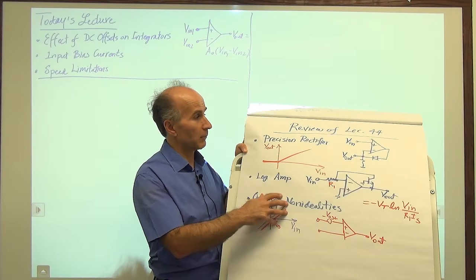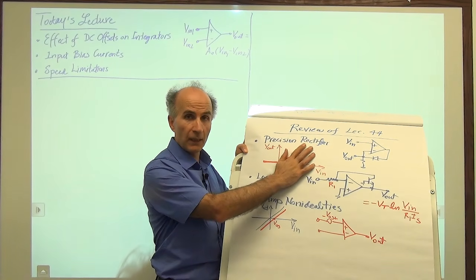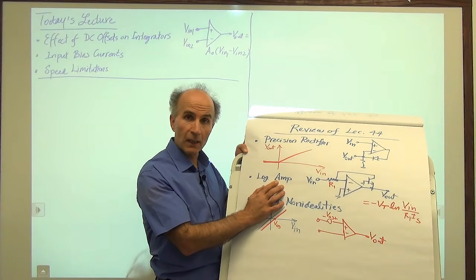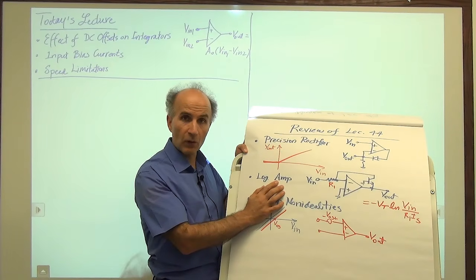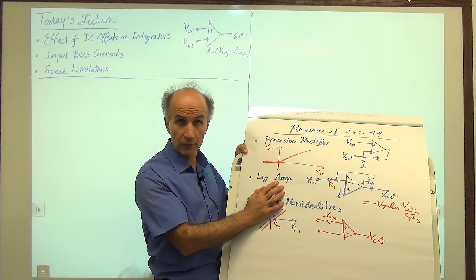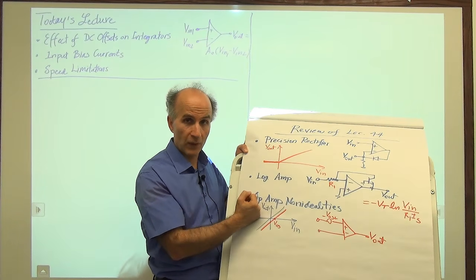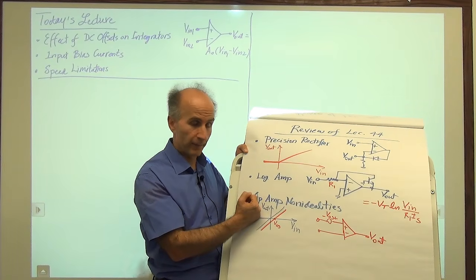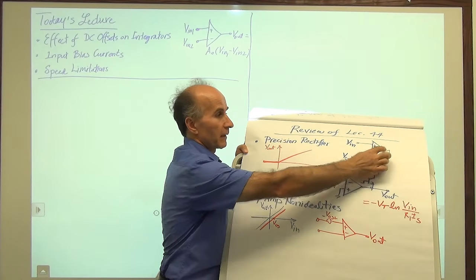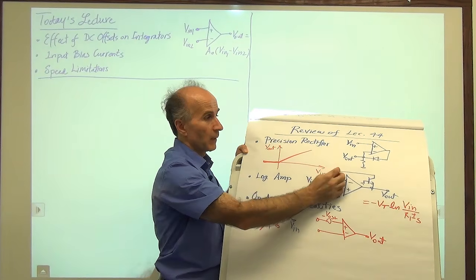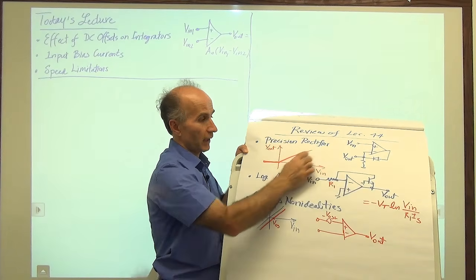We saw that we can build a precision rectifier, meaning a circuit that can rectify an input even though the input might be only a little above zero, only a small positive value, as opposed to a single diode where we would have to exceed 800 millivolts approximately before the diode turns on and performs rectification. So we saw that by placing a diode around an op-amp from the output to the inverting input, we can create this type of characteristic.